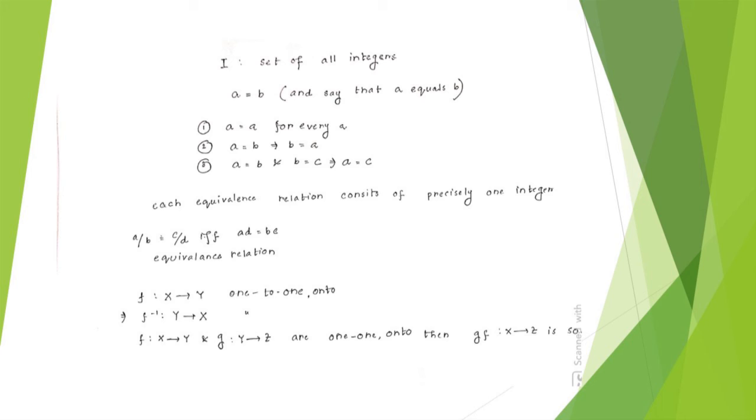Now, another familiar example is the relation of equality commonly used in fractions. You can remember that strictly speaking, a fraction is merely a symbol of the form a/b, where a and b are integers and b is not 0. Now consider the fractions 2/3 and 4/6.